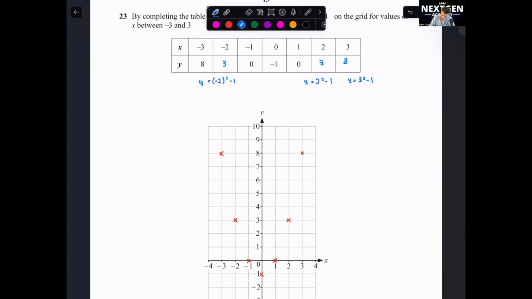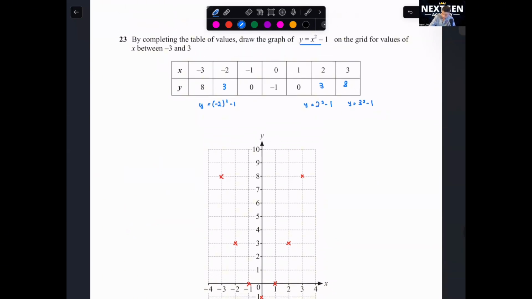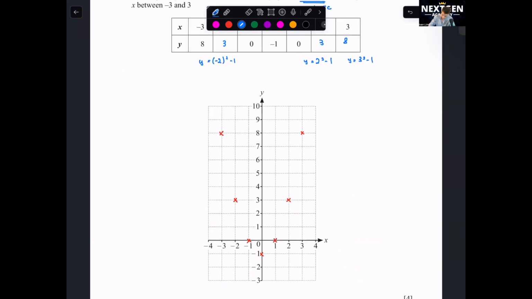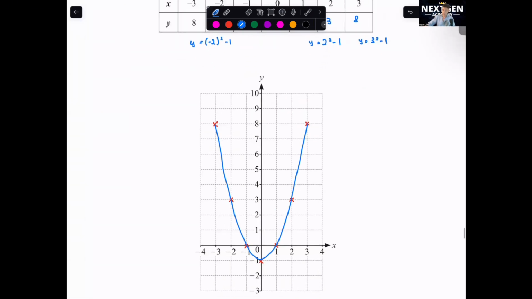Look at the equation: this is called a quadratic equation. Quadratic means you have x squared, and a quadratic will give you a curve, so you need to bend it a little bit. Try to draw it as smooth as you can.